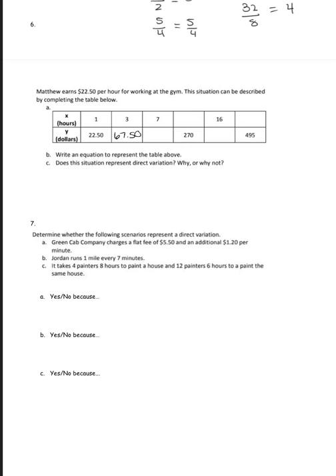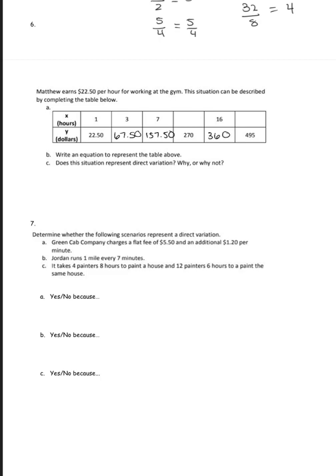Okay, when he works 7 hours, we have to do $22.50 times 7, which gives me $157.50. All right. Let's go ahead and jump to 16 since we already know we have to multiply that by $22.50, which gives me $360.